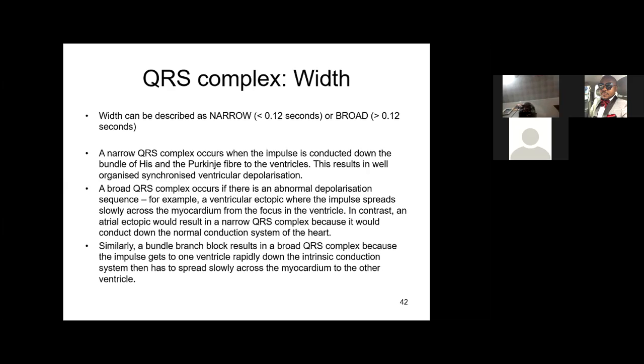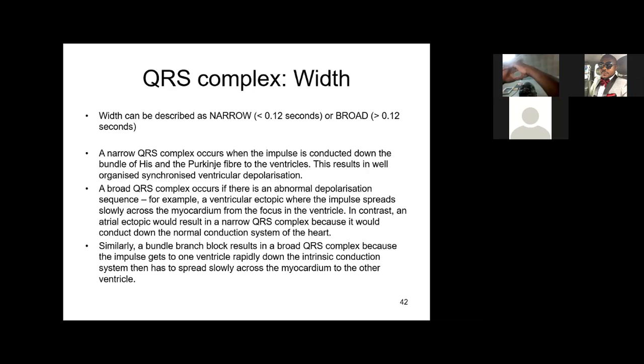And a bundle branch block results in a broad QRS complex because the impulse gets to one ventricle rapidly down the intrinsic conduction system, then has to spread slowly across the myocardium to the other ventricle. In other words, remember our diagram from earlier on where the depolarization spreads down the bundle of His through the right and the left bundles across the ventricles.